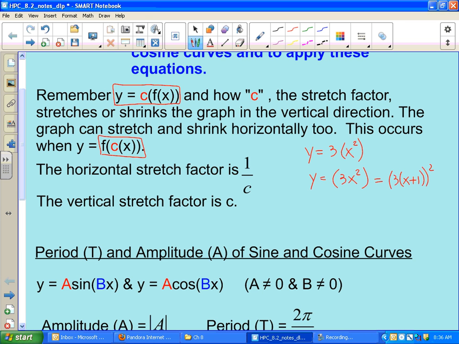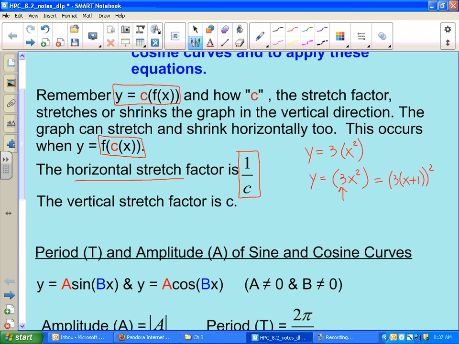So with the 3 inside the function here, now we have a horizontal stretching or shrinking going on. We'll always refer to things as a stretch, even though sometimes our graph might shrink. Now, with the horizontals, you'll notice that the horizontal stretch factor is this 1 over C value. So that 3 on the inside here causes me to horizontally become a third of what it normally is in the x direction.